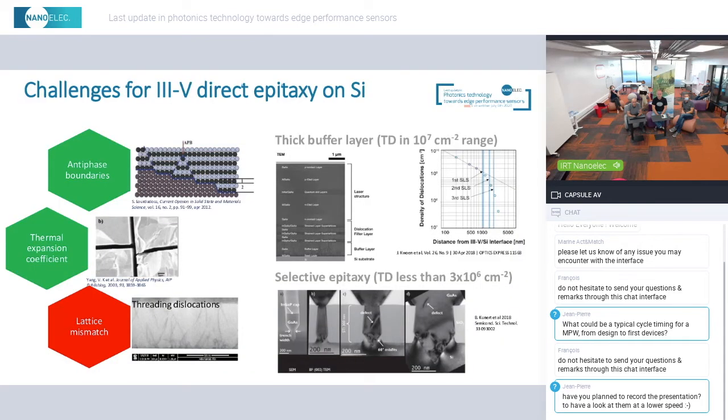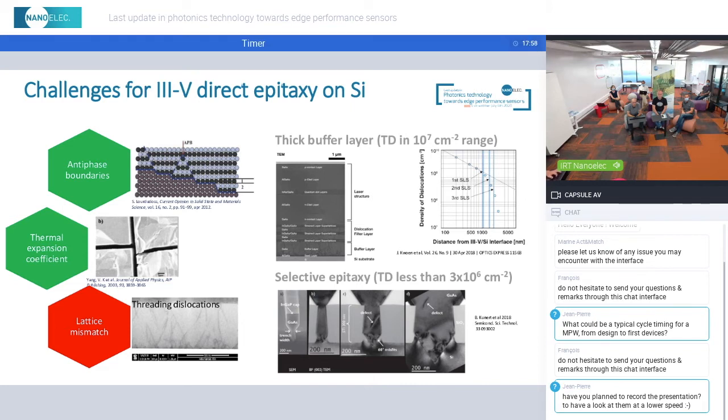So there are different challenges for III-V direct epitaxy on silicon. Many, at least three challenges. The first one is happening when you grow a polar material, gallium arsenide, for example, or indium phosphide, on a non-polar material, silicon.